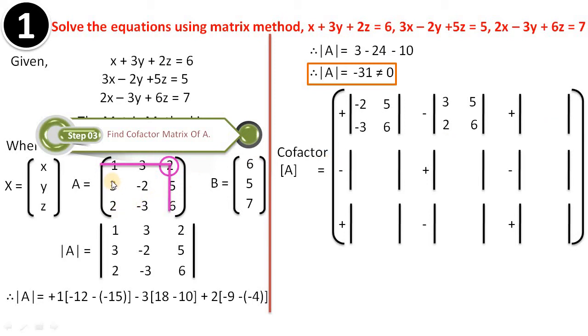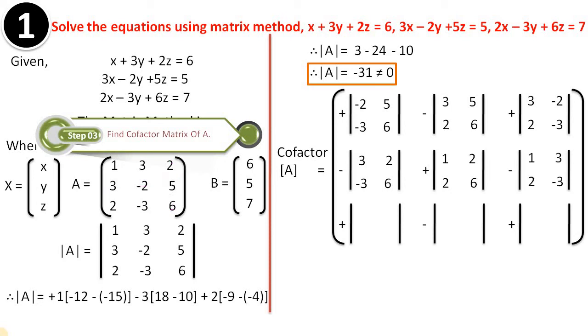Now next, minor of 3 is obtained by deleting second row first column, which is 3 2 minus 3 6. Minor of minus 2 is obtained by deleting second row second column, which is 1 2 2 6, and minor of 5 is obtained by deleting second row third column, which is 1 3 2 minus 3.